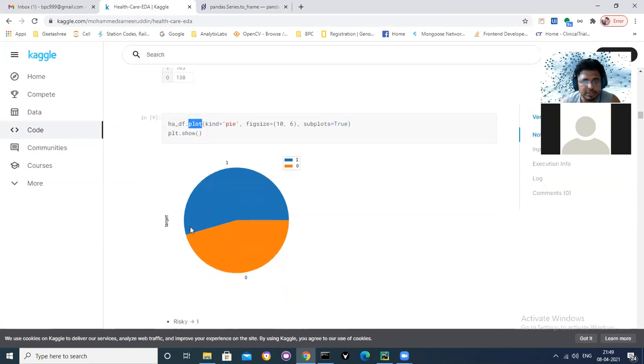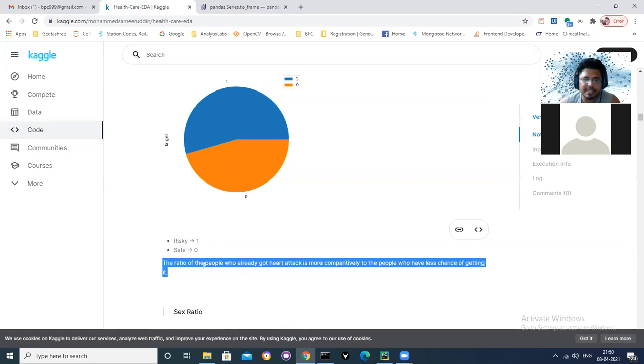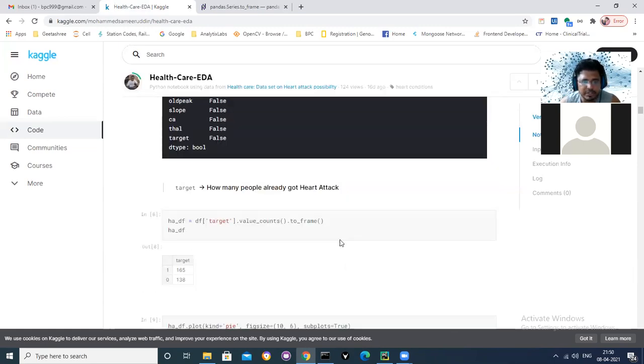So you see, 1 means they got a heart attack, 0 means they did not. More people got a heart attack and fewer people did not. That means it is risky. The ratio of people who already got a heart attack is higher compared to people who have less chance of getting it. So this is one of the insights, a very small insight which we generated from this.